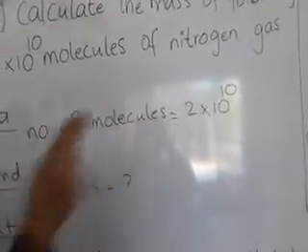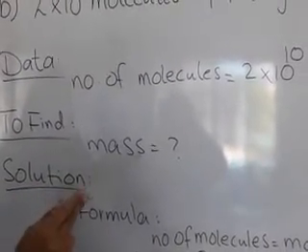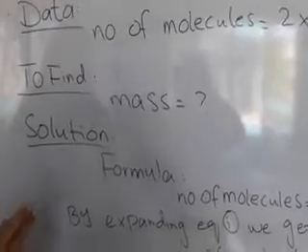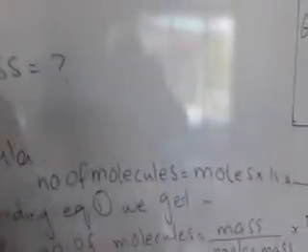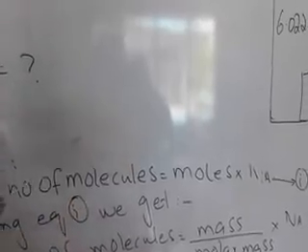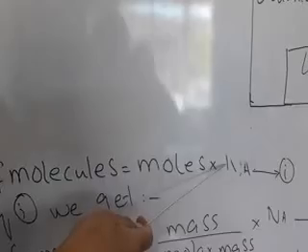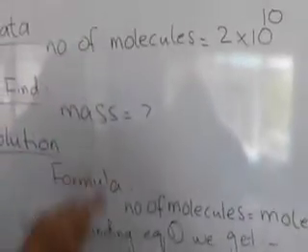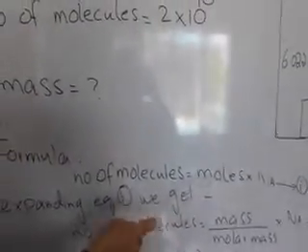To find: the mass. The formula we will be using for the number of particles is: number of molecules is equal to moles into Na, Avogadro's number. Now, if we tally our formula with the data, we are not given the moles, but we don't have any other formula to apply.